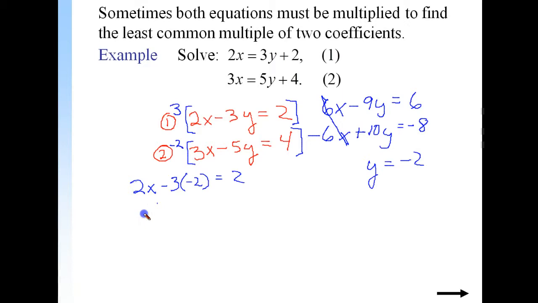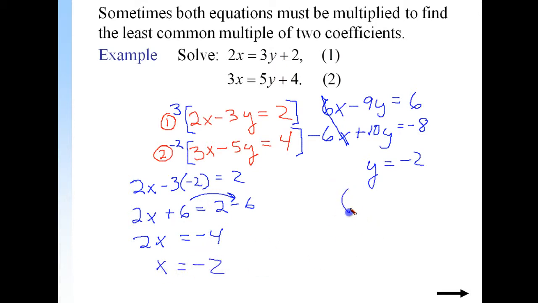I have 3 in my mind for some reason. 2x plus 6 equals 2. 2x, transpose the positive 6. On this side it becomes a negative 6, and that will be a negative 4. And we get x then equals a negative 2. So here our ordered pair is a negative 2 and a negative 2.